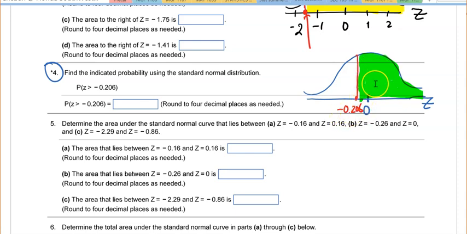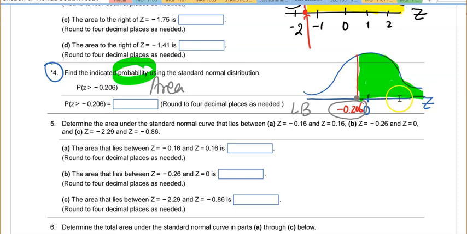The probability is this. And again, to find the area, you're looking for lower bound, upper bound. Notice that this number here must be the lower bound, LB, because you have the right area. The left number is the lower bound.